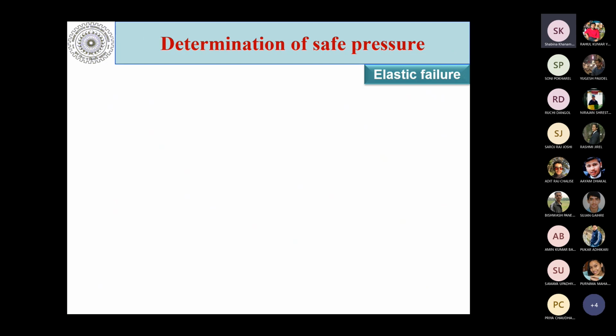Now we will consider the design part, in which we have to determine the safe pressure, the safe pressure to keep the vessel safe from elastic failure and plastic failure. First of all I will consider the elastic failure.